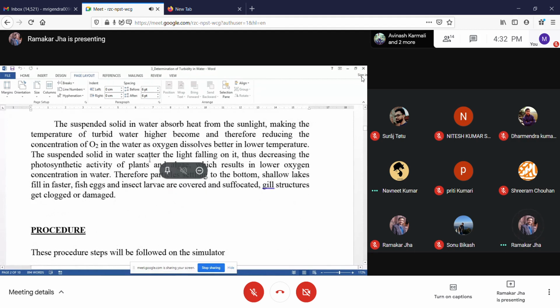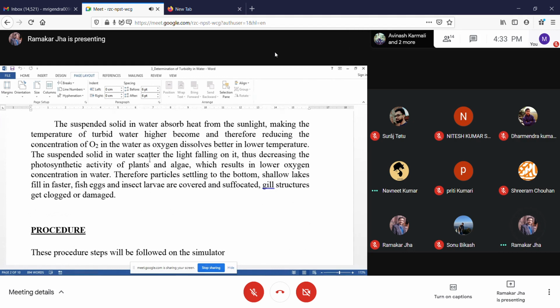Now, the suspended solids in water absorb heat from the sunlight, making the temperature of turbid water higher, and reducing the concentration of O2 in the water, as oxygen dissolves better in lower temperature, right?